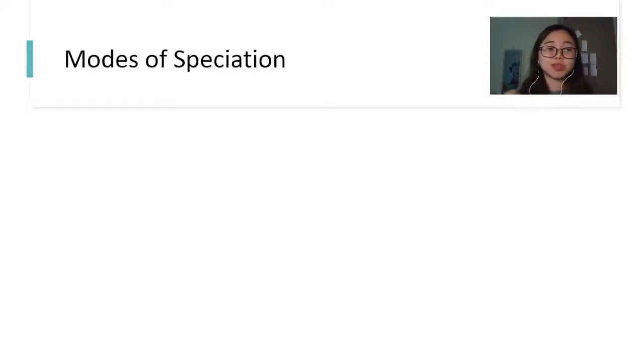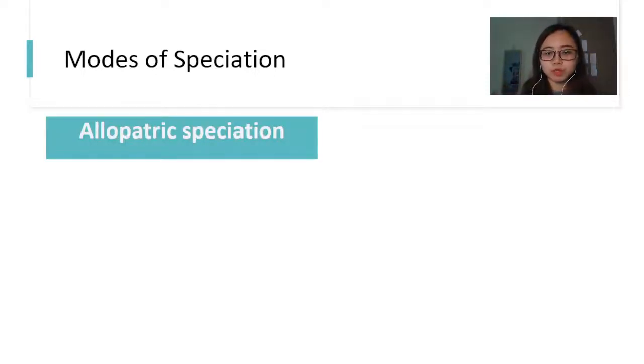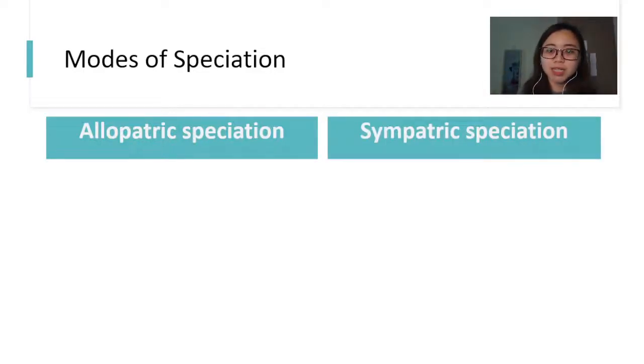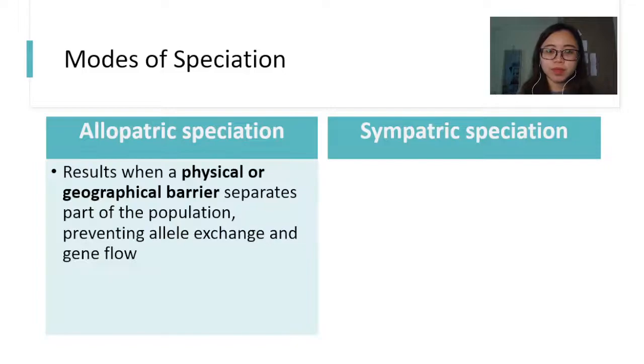Now we'll talk about the modes of speciation, the ways speciation can happen. The first mode of speciation is allopatric speciation, and the second mode is sympatric speciation.